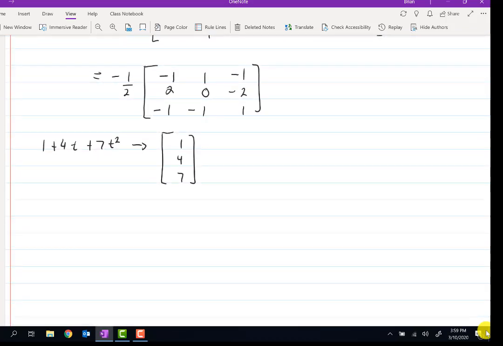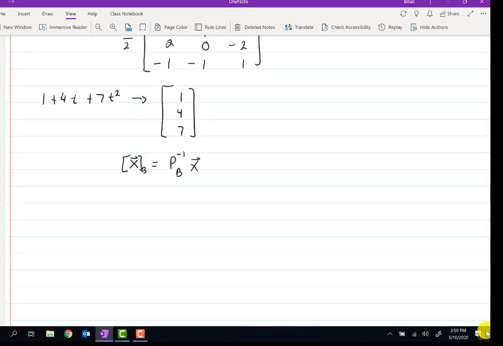Remember the formula, x b equals pb inverse x. Okay, we want 1 plus 4t plus 7t squared, which instead of that we're going to use 1, 4, 7. I'll put it down there like so.